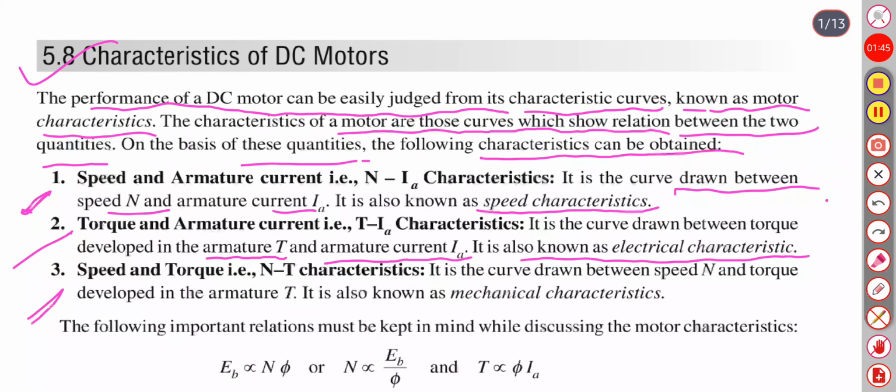And third is the speed torque characteristic, known as the mechanical characteristic. The graph is plotted as speed versus torque developed in the armature T.